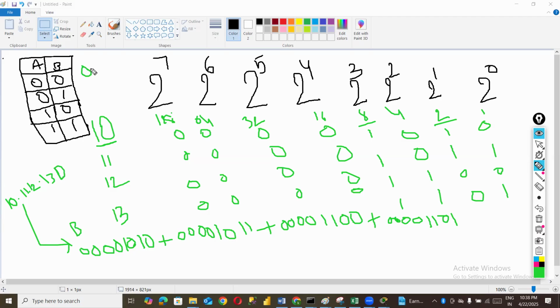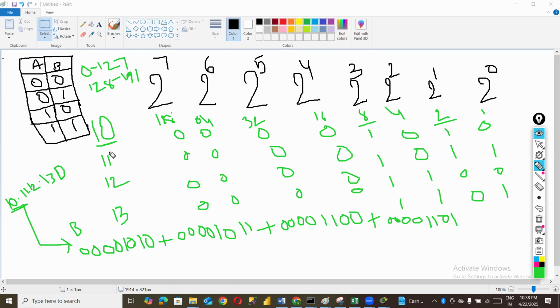0 to 127. Right. So our IP address belongs to either class. For example, I can write here 0 to 127 and 128 to 191. So which class does our IP belong to? Class A or class B?